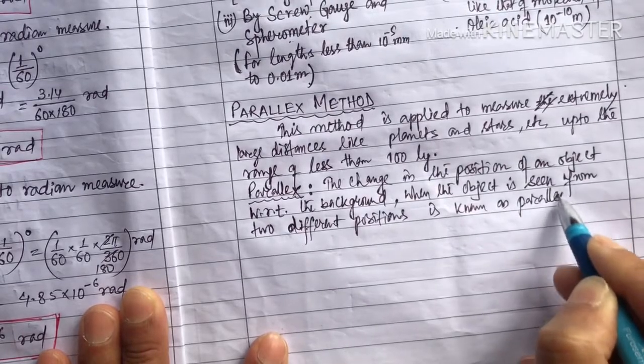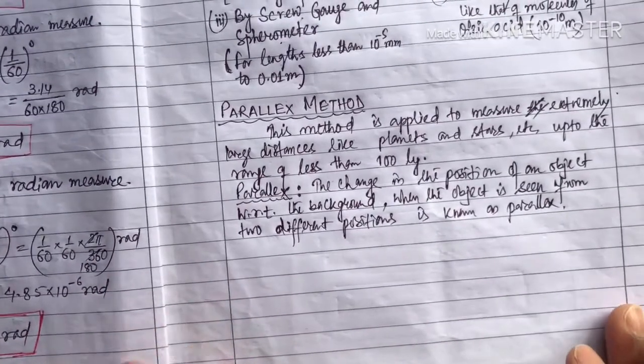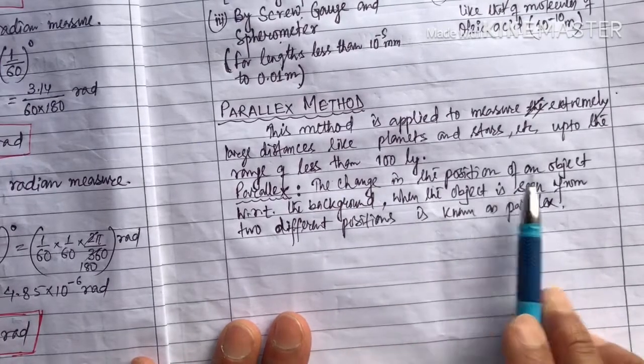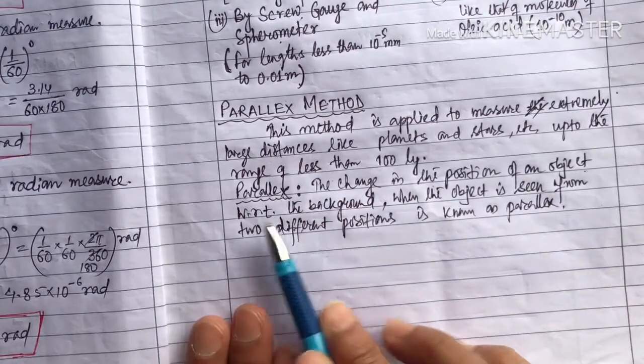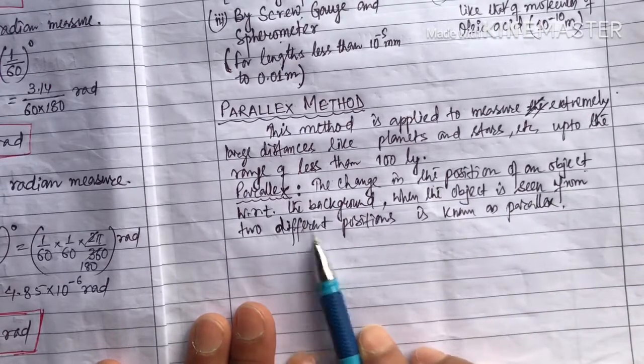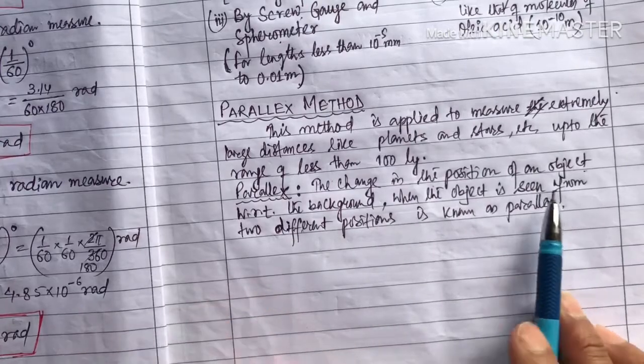Let's see the definition again. It is defined as the change in the position of an object with respect to the background when the object is seen from two different positions is known as parallax.